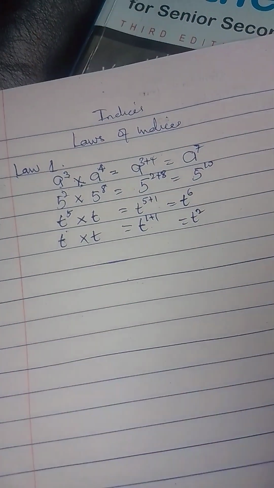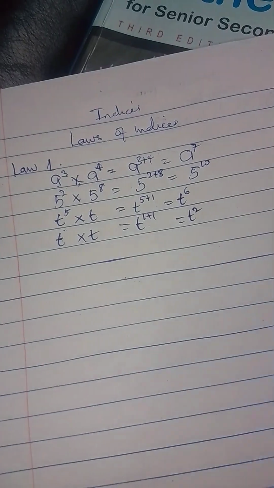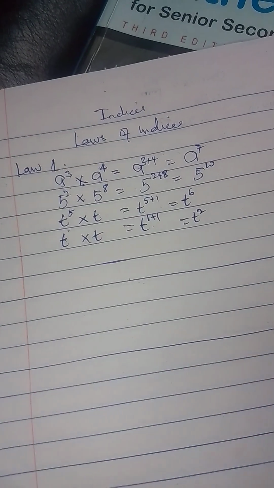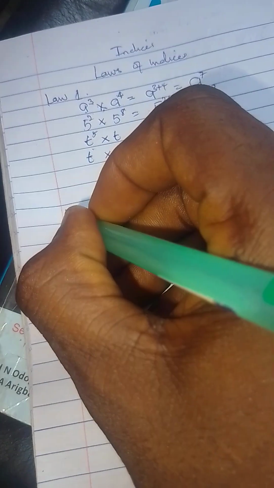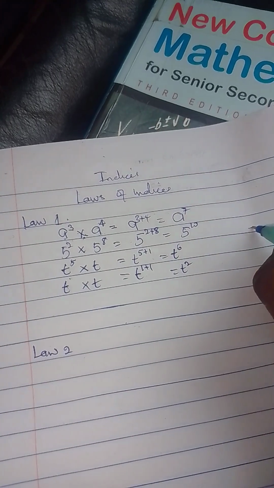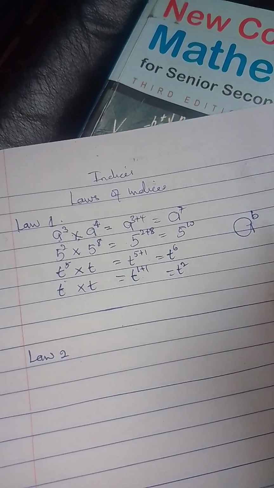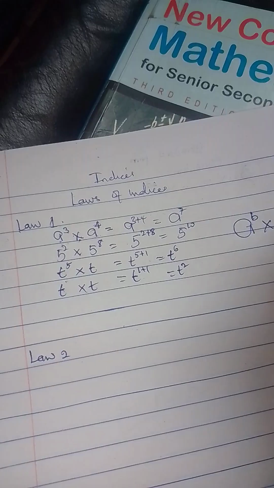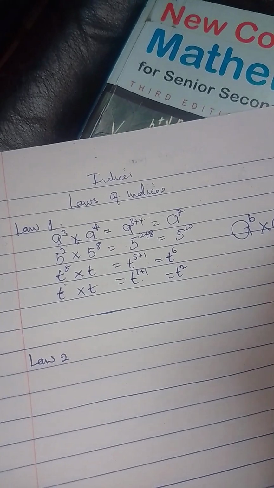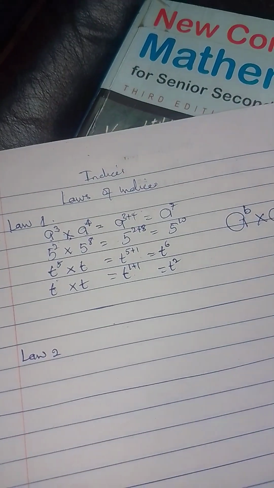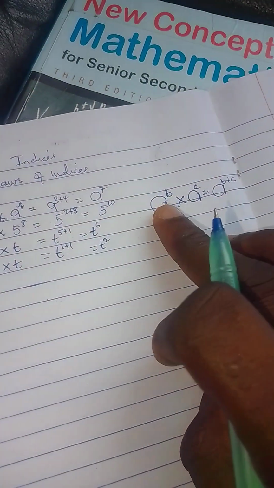There are other major examples, but I don't want to do that in this introduction. This is just an introduction. Alright, so let's go to law 2. Remember, law 1 says when you have a base to be multiplied with the same base, add the index.